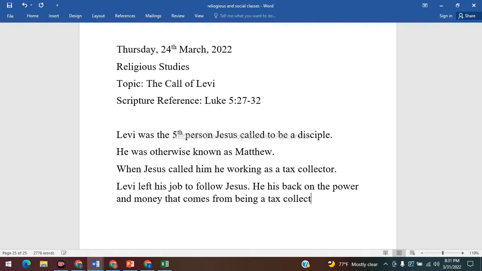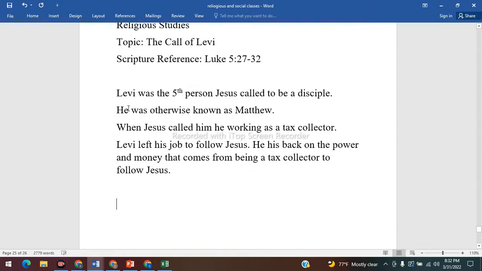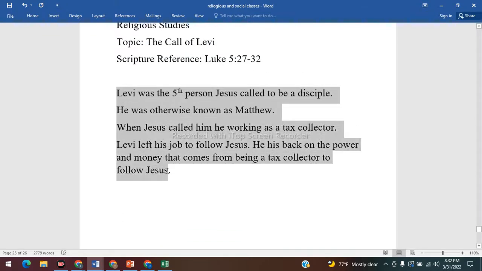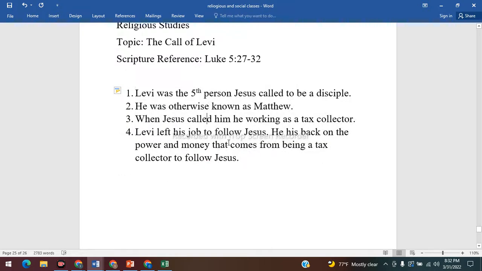Did the Jews like tax collectors? No, they hated them. They used to rob the people and charge them more than needed. Very good. So the Jews didn't like tax collectors, number one, because the tax collector was a Jew who was collecting funds for the Romans.